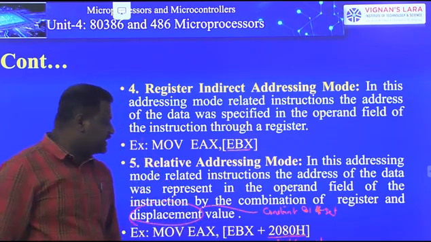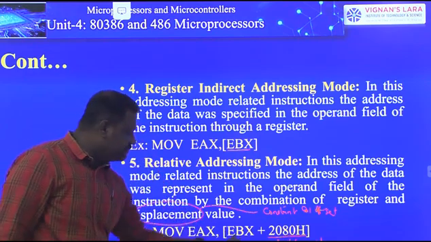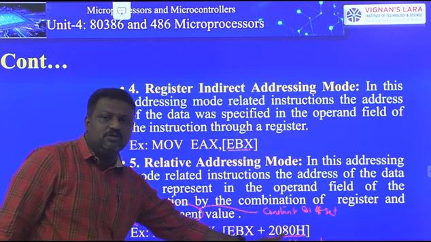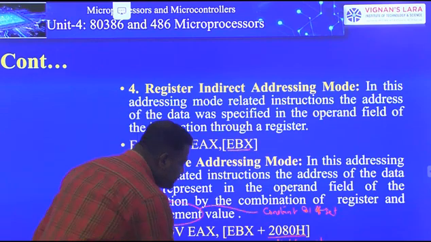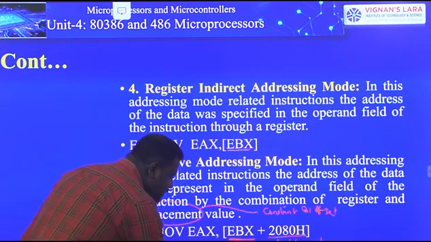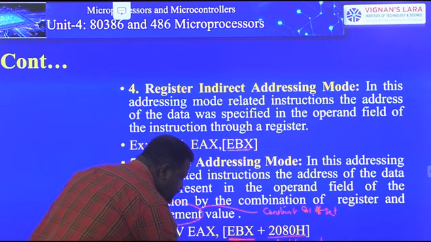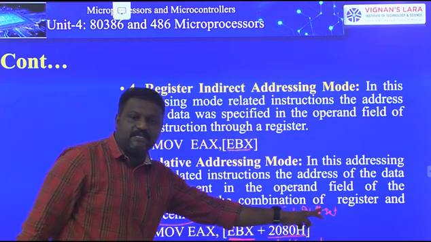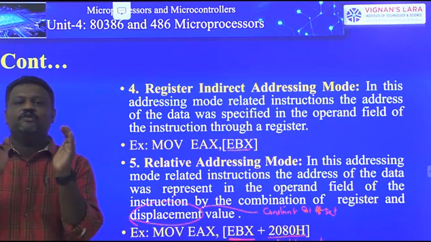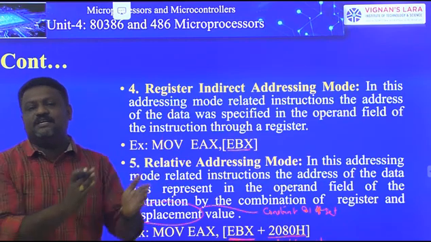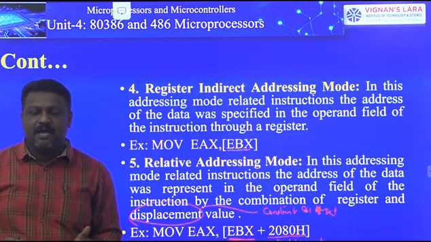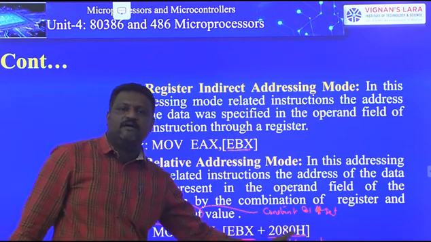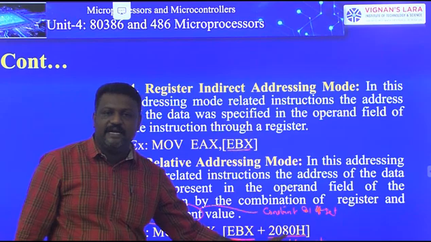The address of the data is the addition of the register EBX content with 2080H. Both EBX's value and 2080 are offset addresses, but to find the final offset address of my source data, I add the EBX content with the displacement value 2080H.